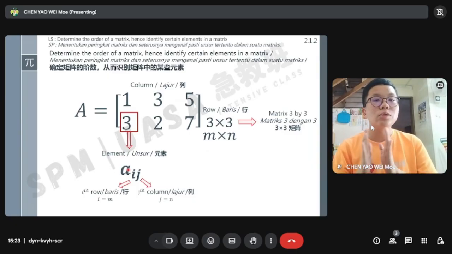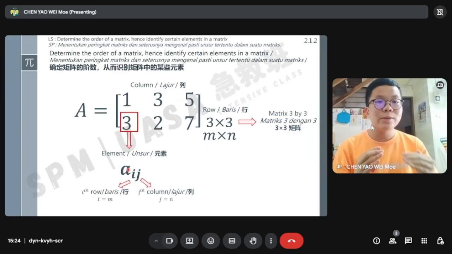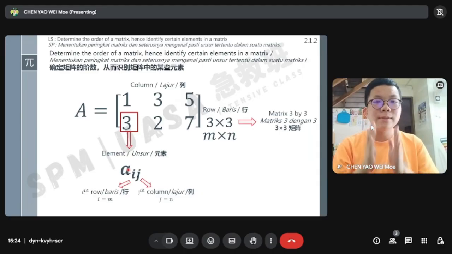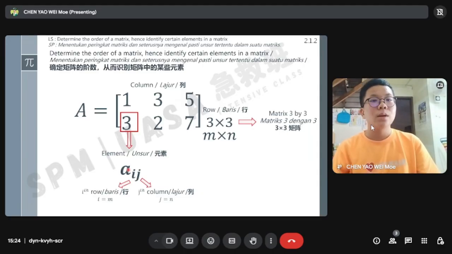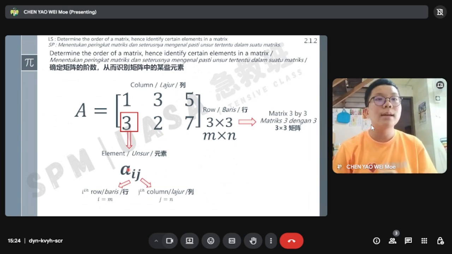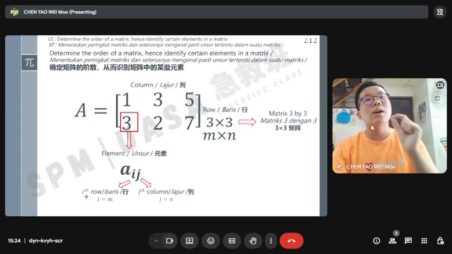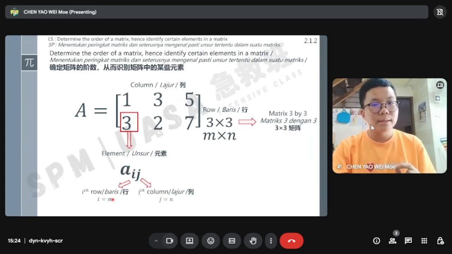We need to read the row first, and after that we read the column. Same thing for an element: we say the row, later on we say the column. Baris lajur, baris lajur. Okay.